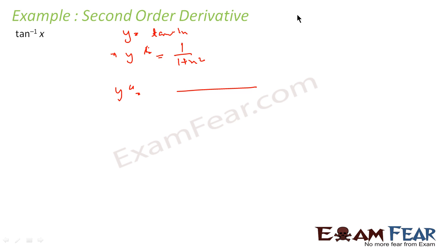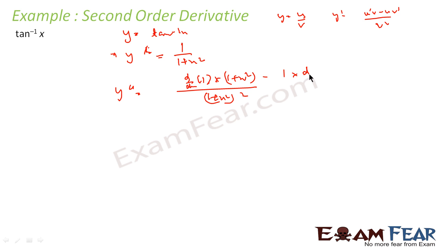If y is equal to u by v, y dash is nothing but u dash v minus u v dash by v square. Correct? So the same thing happens here, 1 plus x square whole square, and then you say differentiation of 1, that is d by dx of 1 into 1 plus x square minus 1 into differentiation of 1 plus x square.